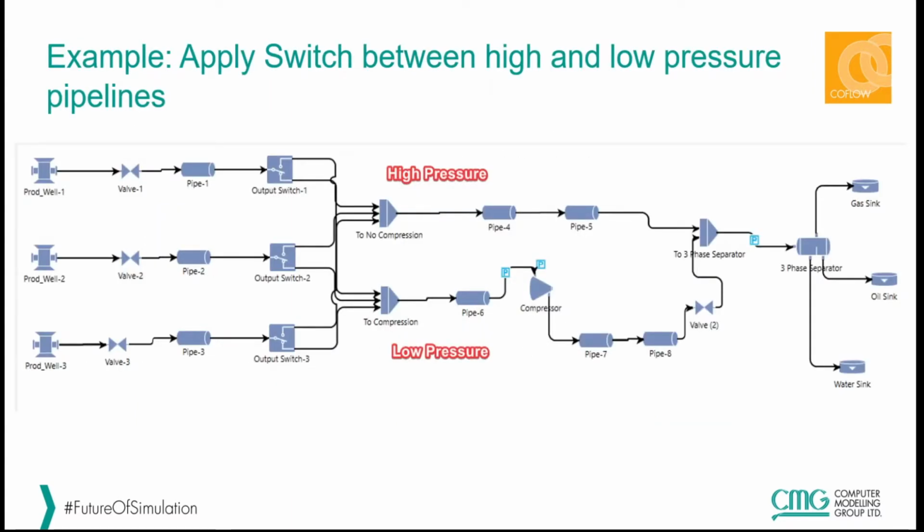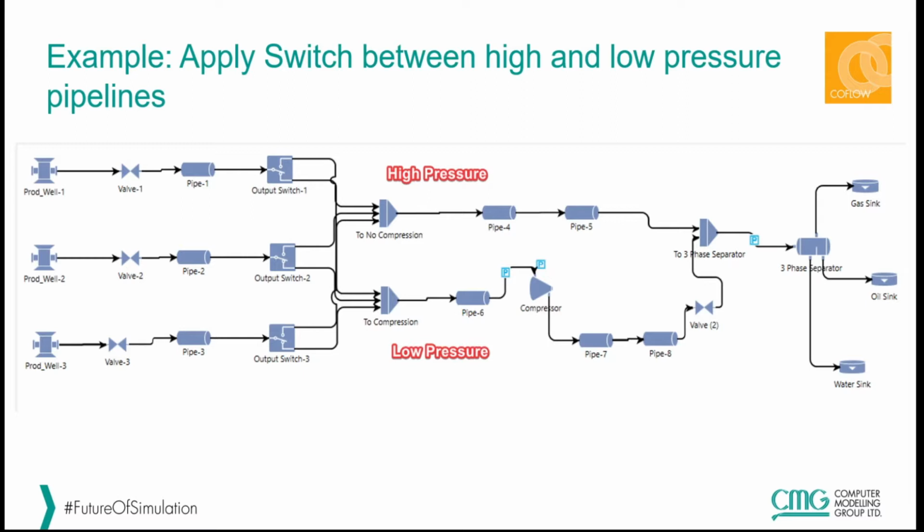In this video, the example that we are going to show you how to apply the switch in that facility is shown here. In this example, we are going to use the output switch for this facility after each producer well.